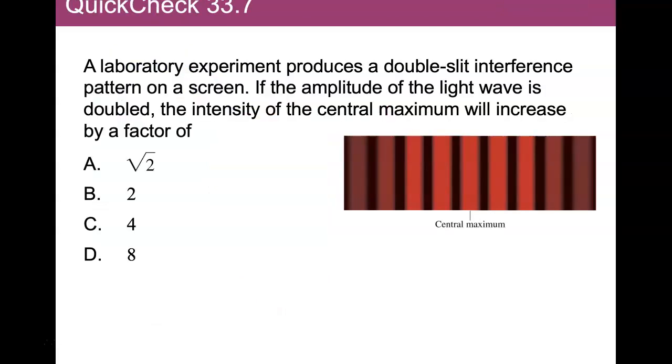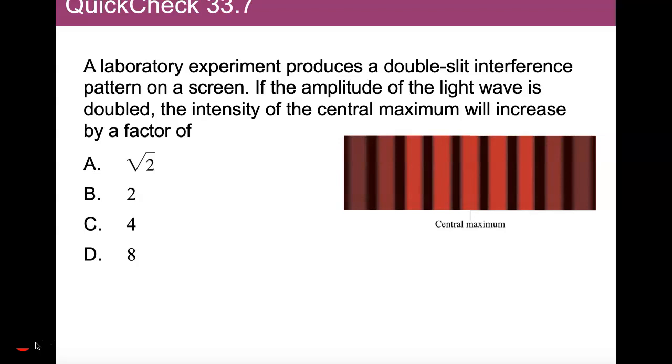Okay, so here's a quick question. Try to read it, pause the video, and find the correct answer. All right, so that's the double slit interference pattern on a screen. If we double the amplitude of the light wave, what happens to the intensity of the central maximum?